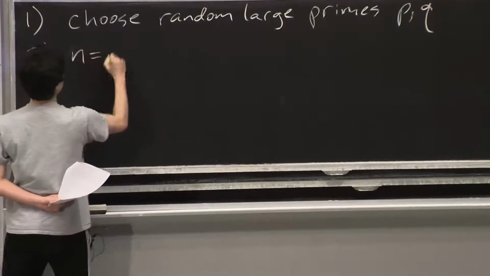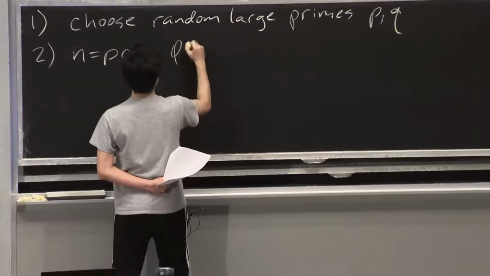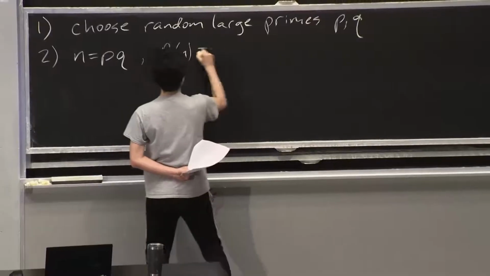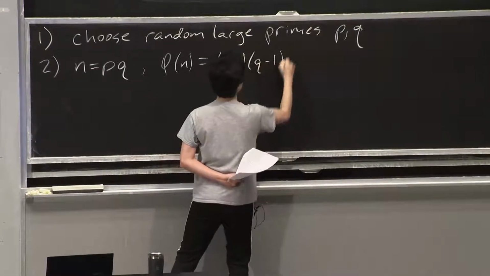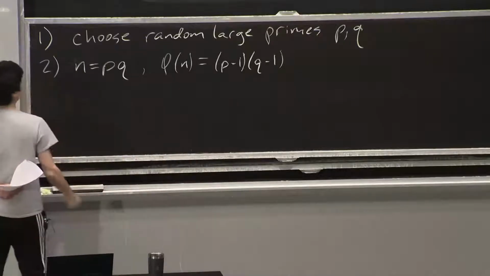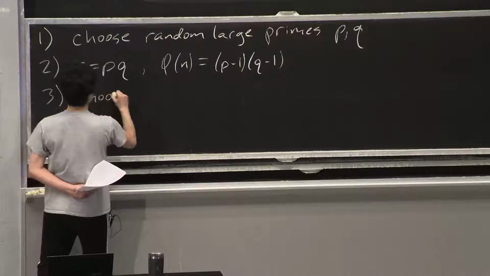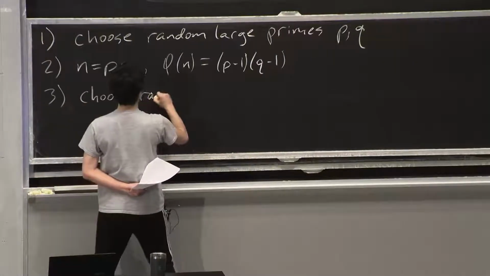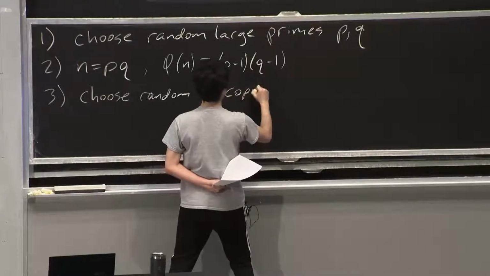Next, we're going to set n equals their product, and let's just call phi of n now equals p minus 1 times q minus 1. And next, we're going to choose a random e coprime with this.